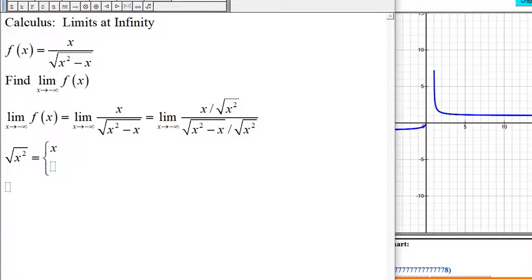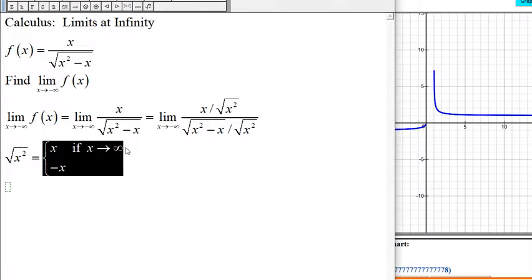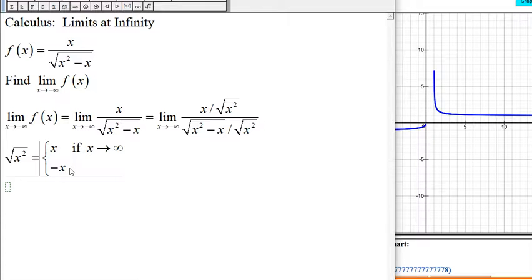It's equal to x if x is approaching infinity, so x is positive, and it's equal to negative x if x is going towards negative infinity.